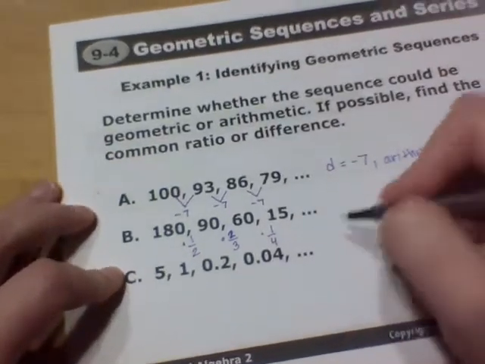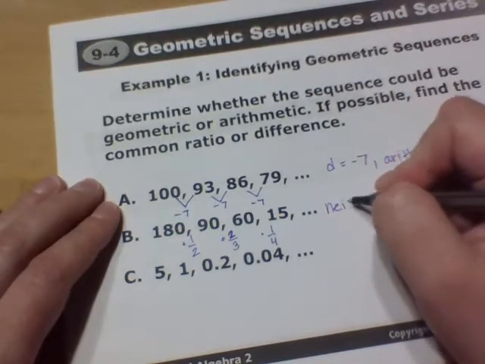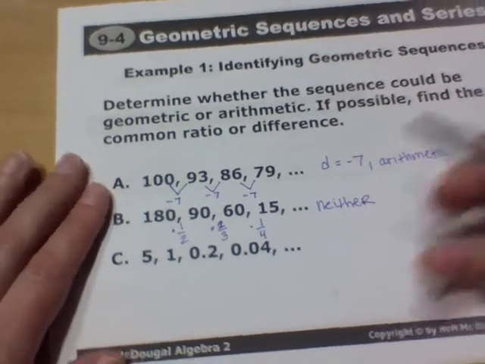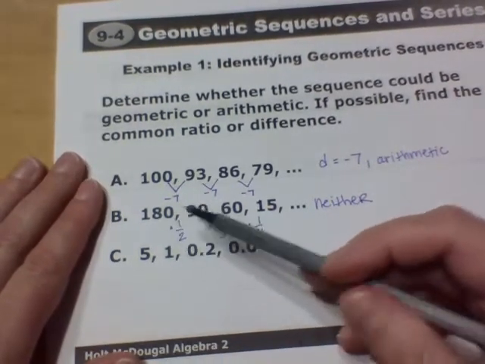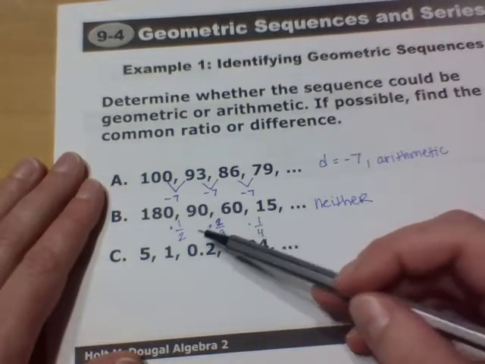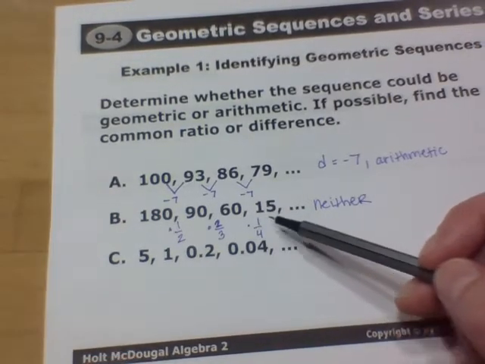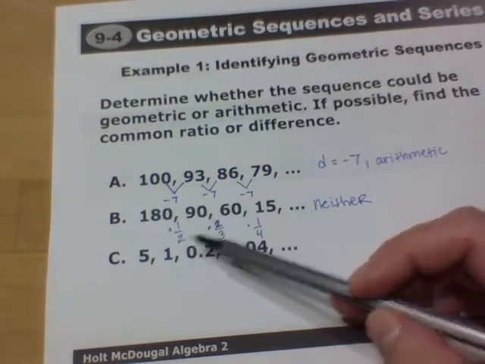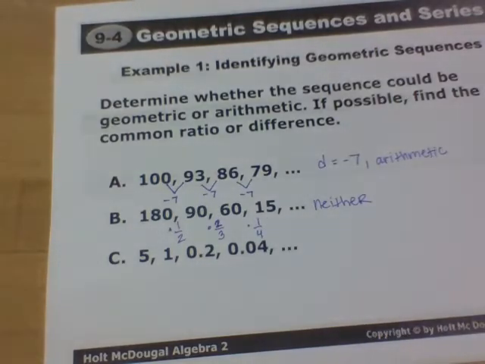So definitely neither in this case, because it is not a consistent subtraction each time, subtracting 90, subtracting 30, subtracting 45 somehow. And this multiplier is not helping either.